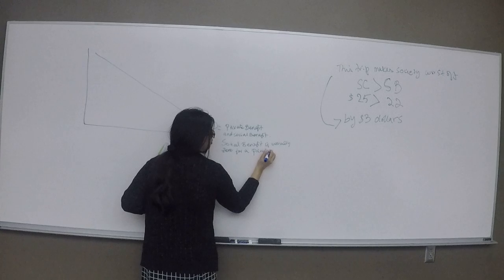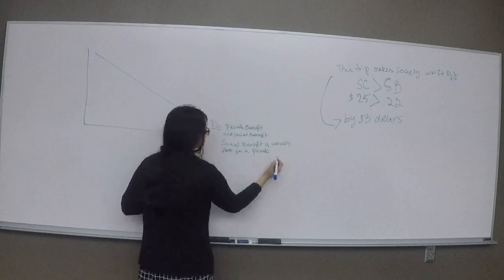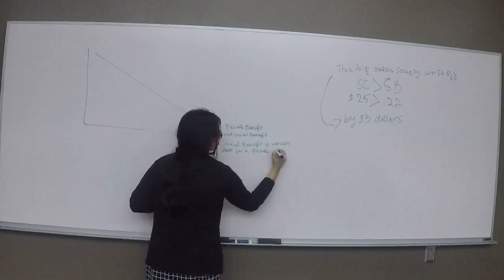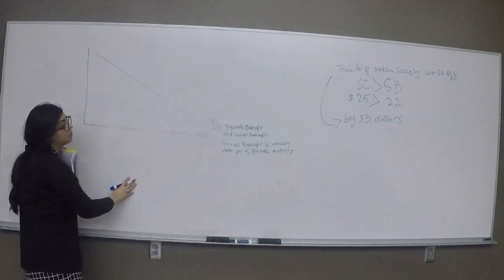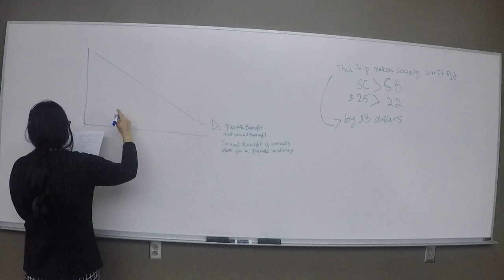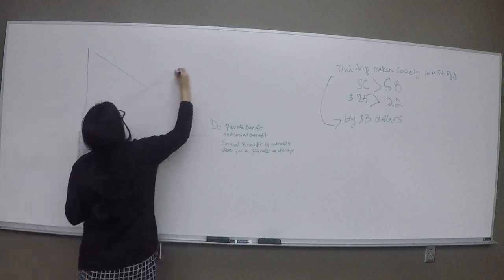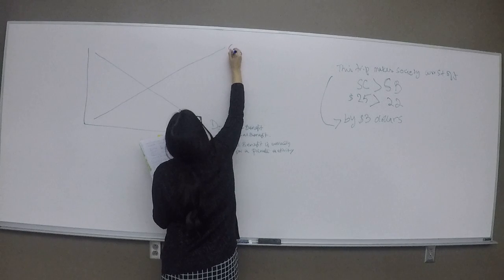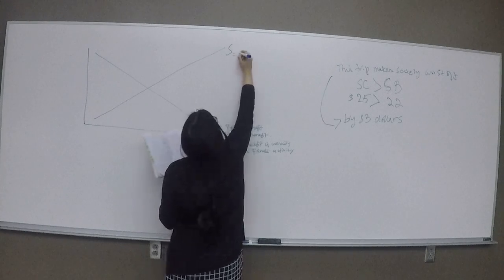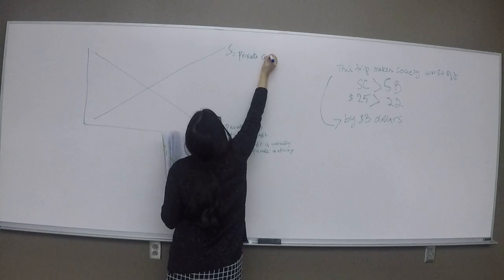So if it's a private activity, social benefit is going to be usually 0. So demand is based on private benefits, and in this case social benefits as well. Supply is based on private cost.